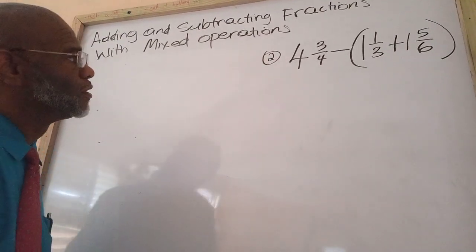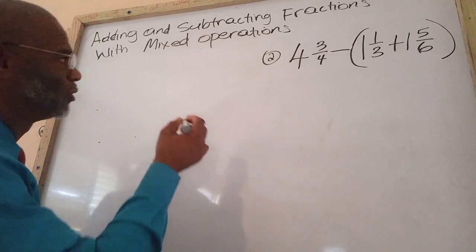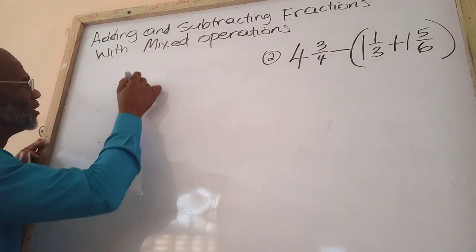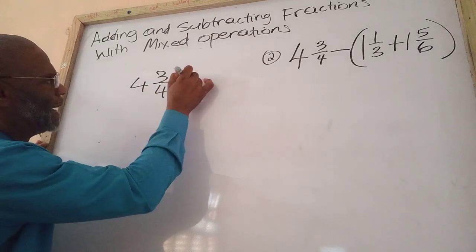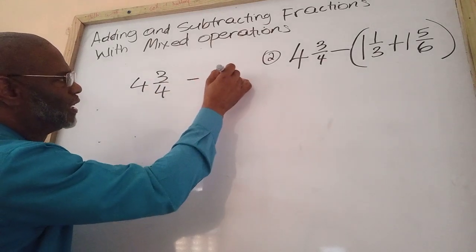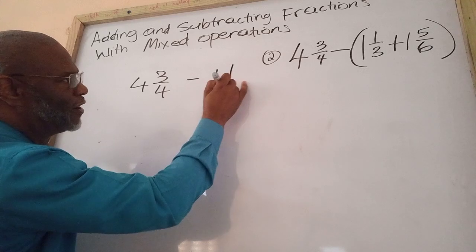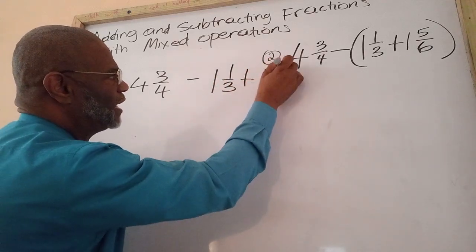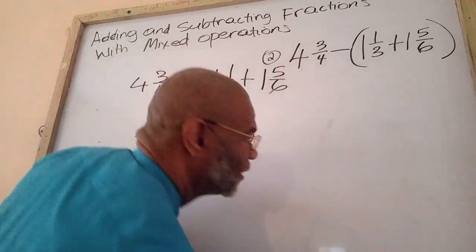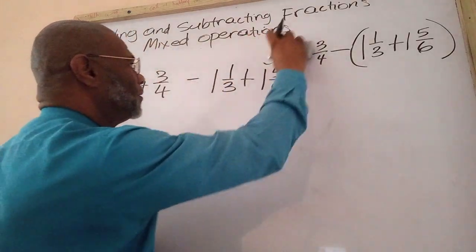So we have 4 and 3/4, I'm going to write it here. So 4 and 3/4 minus 1 and 1/3 plus 1 and 5/6.